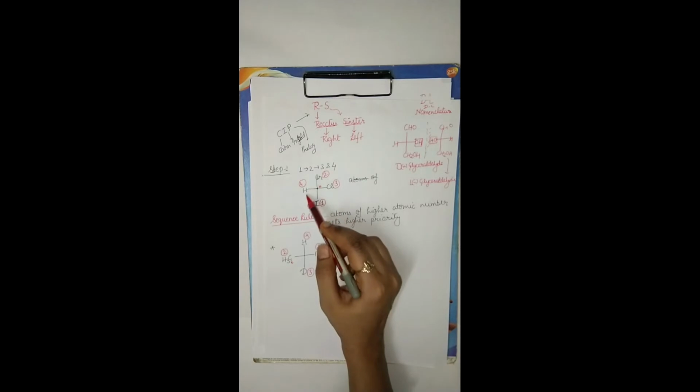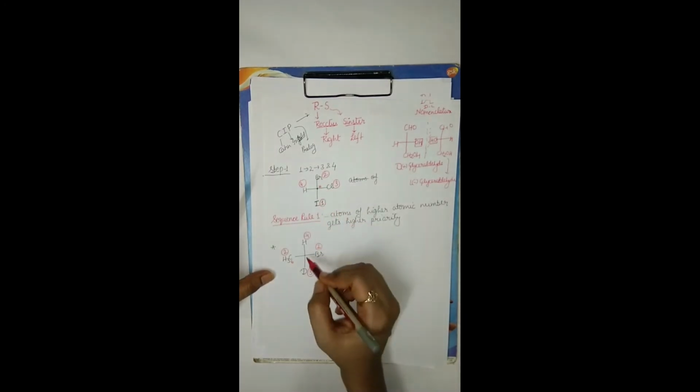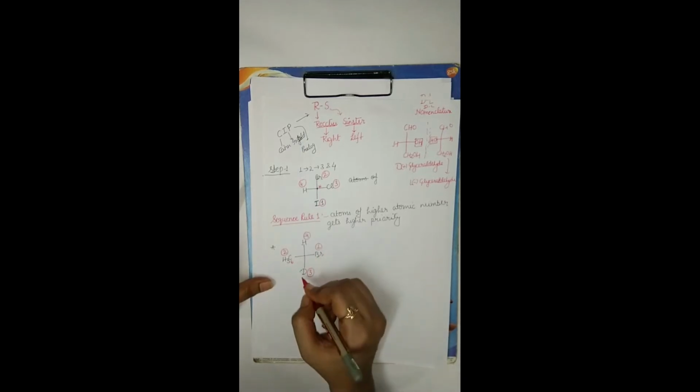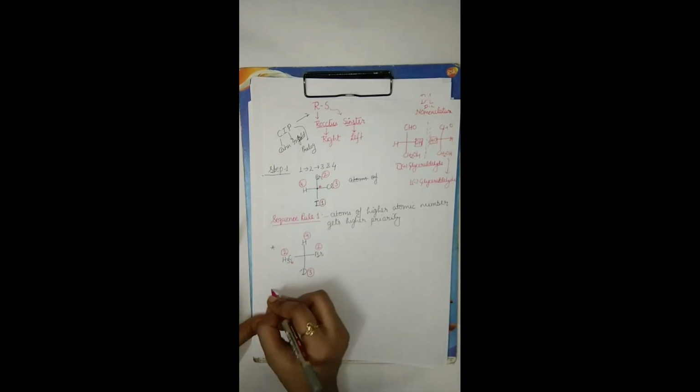If the 4 atoms are attached, then what will happen? Given numbers 1, 2, 3, 4, if isotopes of the elements are present, then the isotope having the higher mass number gets the higher priority. Okay students, this is the sequence rule number 1. Next, sequence rule 2.